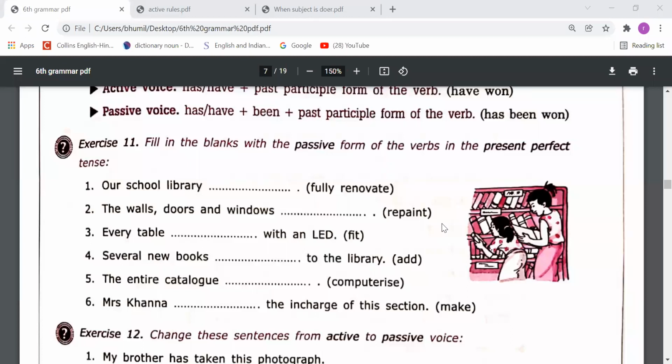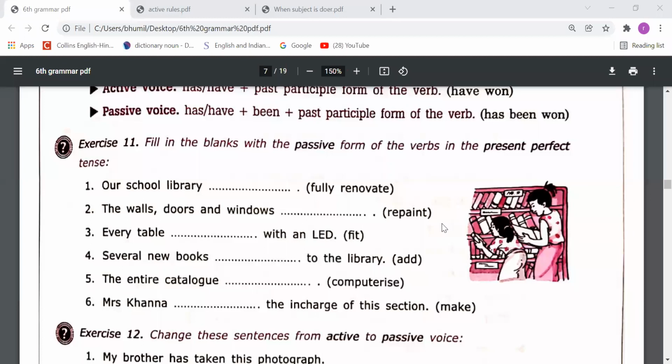According to the passive form, we can write here: our school library has been fully renovated, right? Sentence number 2, "The walls, doors, and windows...". Here we can write: the walls, doors, and windows have been repainted, right?